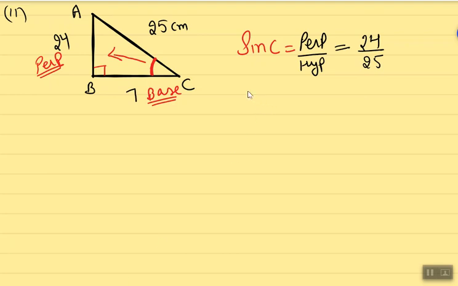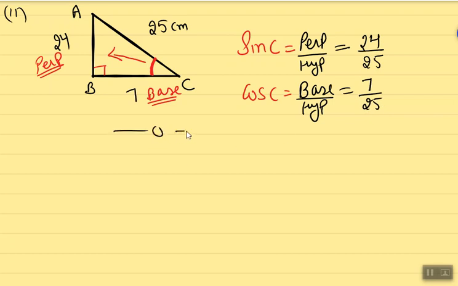Now second part is cos C. Cos is again base over hypotenuse. Base is 7, hypotenuse 25. So we have done the first question.